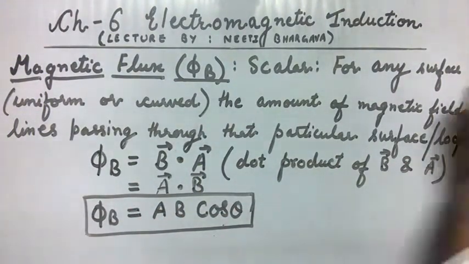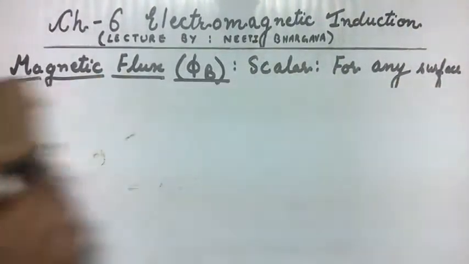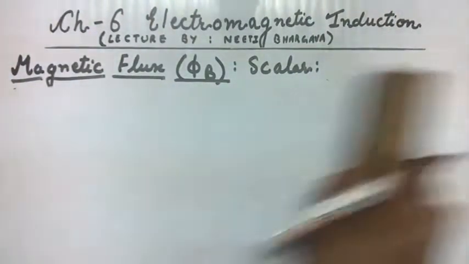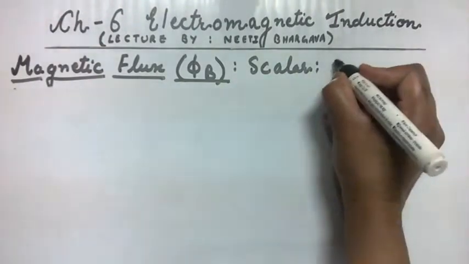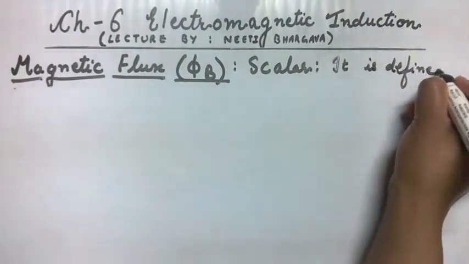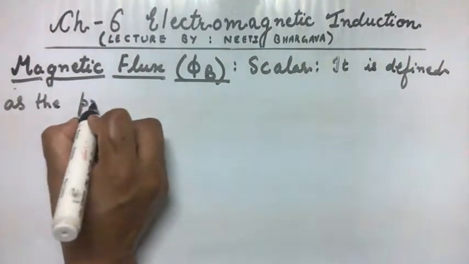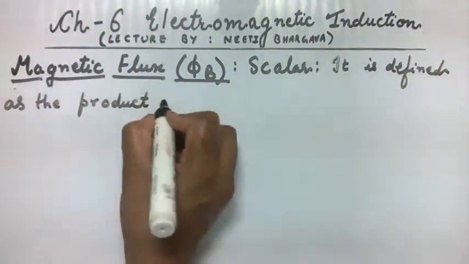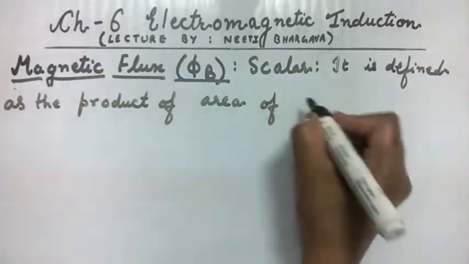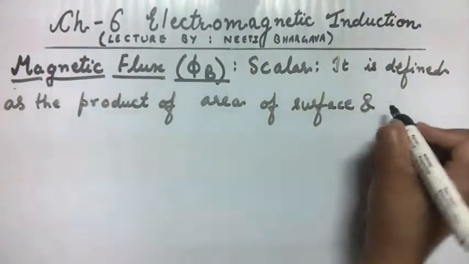By this, we can also define the definition of magnetic flux, that is, it is defined as the product of area of a surface and component of magnetic field.